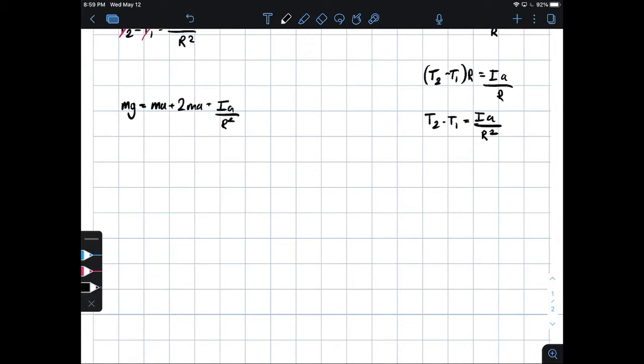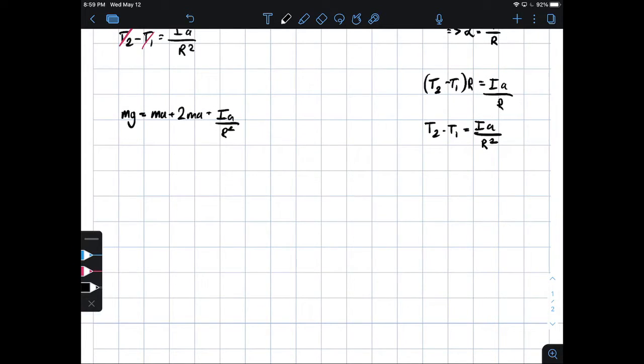And from that, we're going to solve for the acceleration in this case. Kind of forgot about my motive for a second. Don't worry about it. We're going to factor out a, and this will obviously become 3ma, so 3m plus I over r squared.